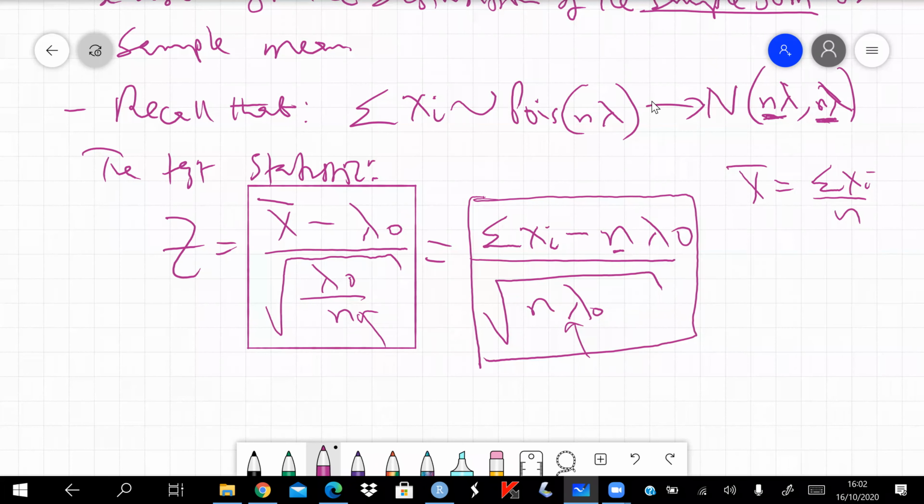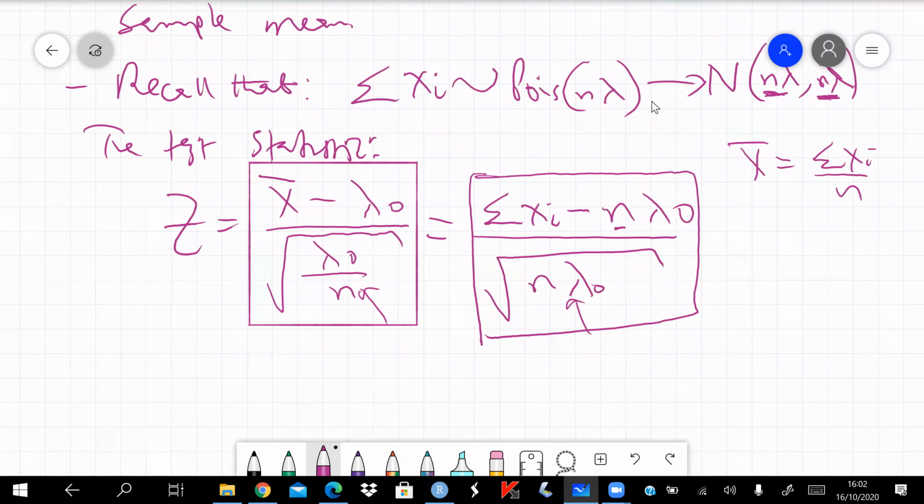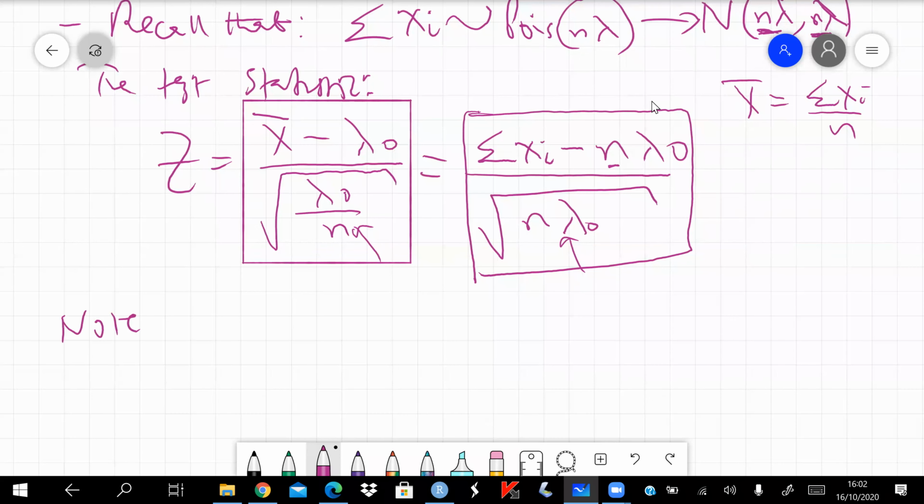Then note that, because remember the Poisson distribution is a discrete distribution, we need to include the continuity correction factor here. Notice that it is easier to incorporate the continuity correction factor using the second version, because you just add plus or minus 0.5 on x.